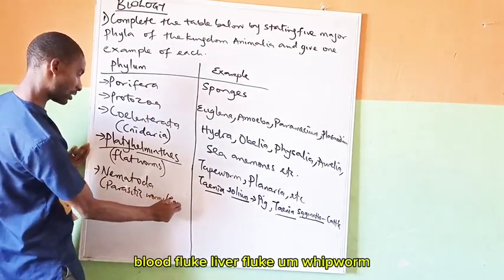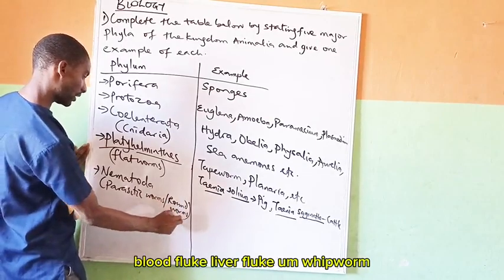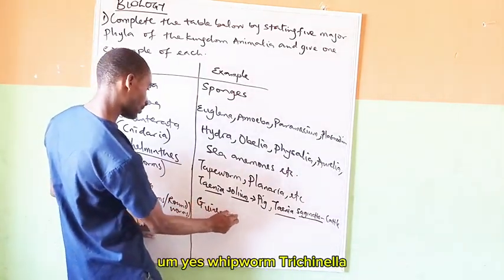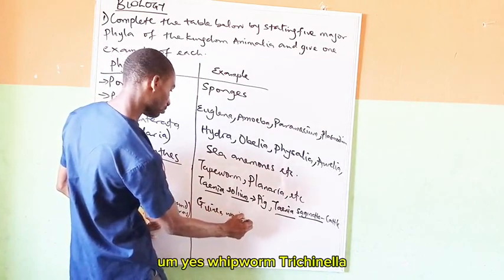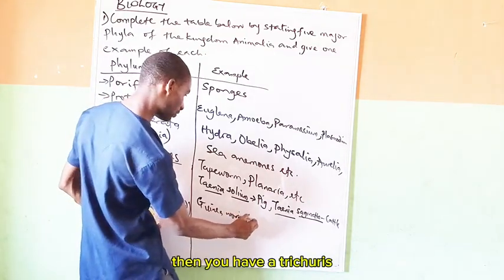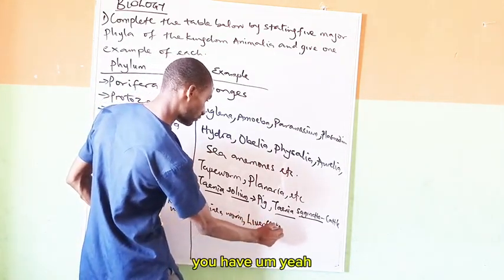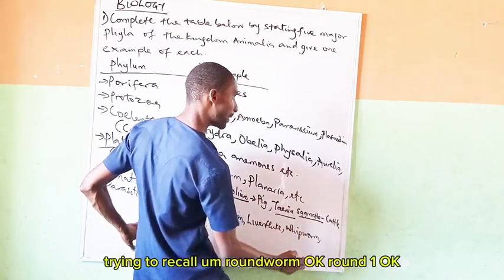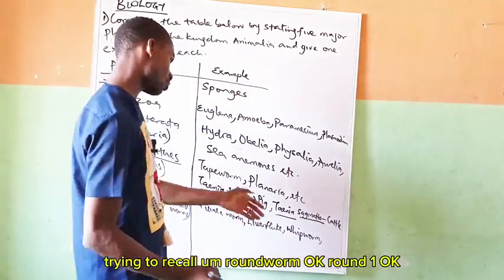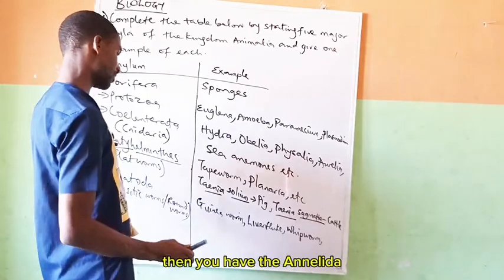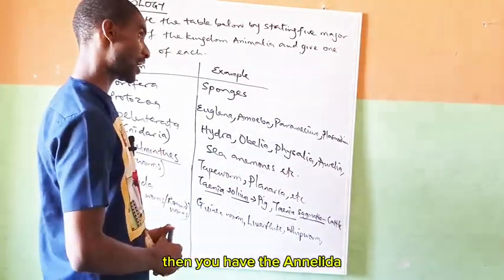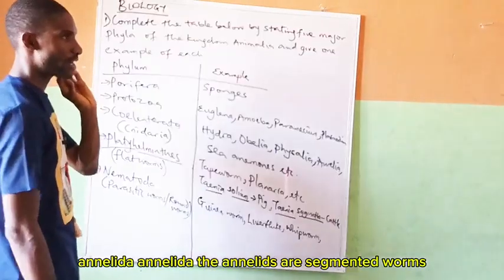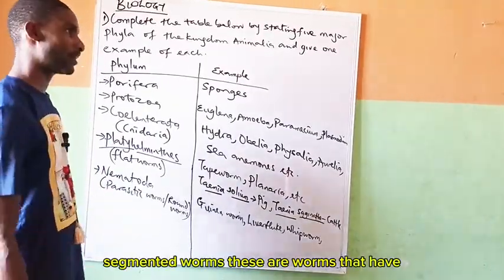Examples of Nematoda include guinea worm, whipworm, Trichinella, and Trichuris.